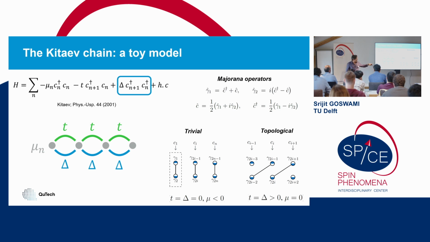So in Kitaev's model, this is the situation when you actually have a topological system, and this is when you have a trivial system. So I think this part is important because the rest of the talk is basically about what these T's and deltas are, how you tune them, and what are the signatures when you go through this trivial to topological transition.